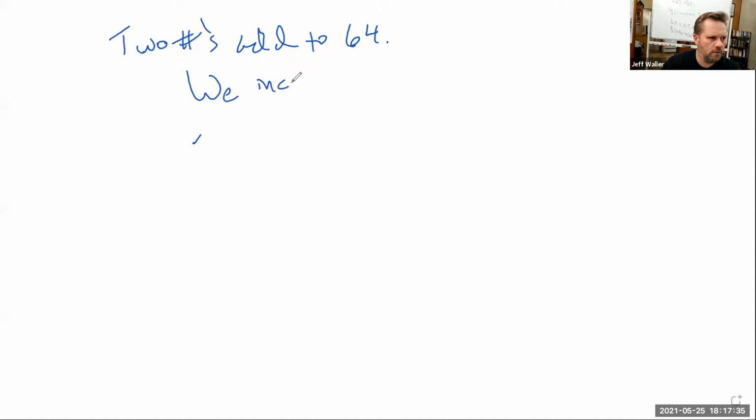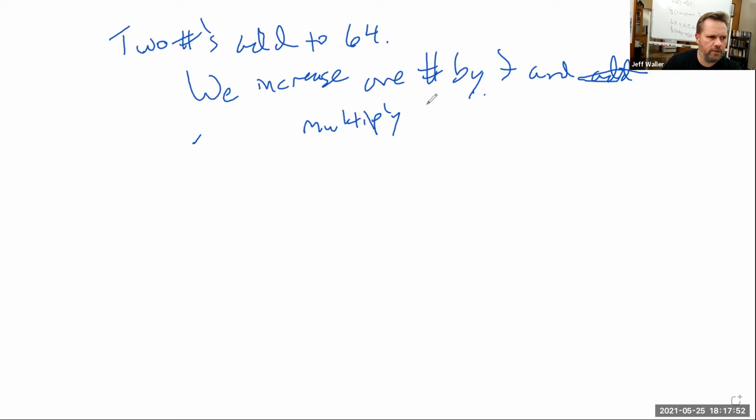Two numbers add to 64. We increase one number by 7 and multiply that by the other number. Everybody got really, really lost in this.